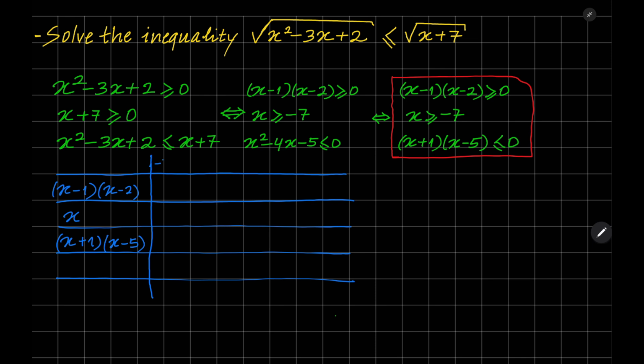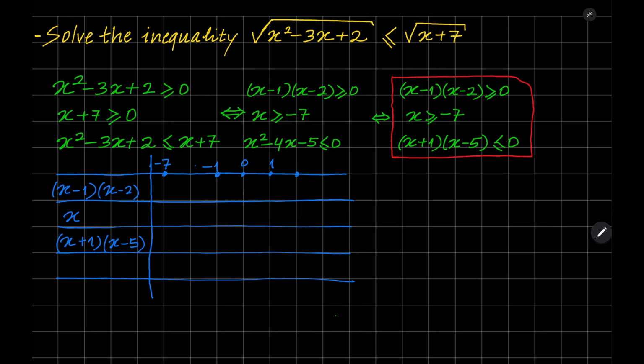Let's say this point is negative 7, and negative 1. This is 0. This is 1.